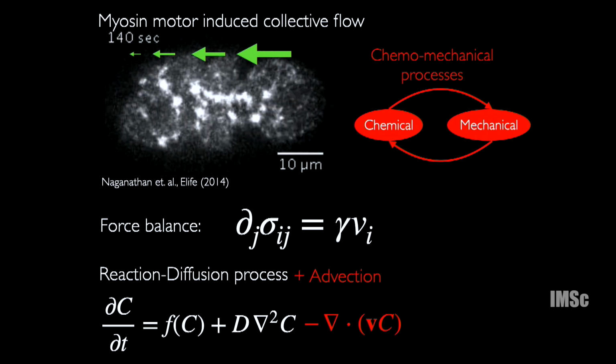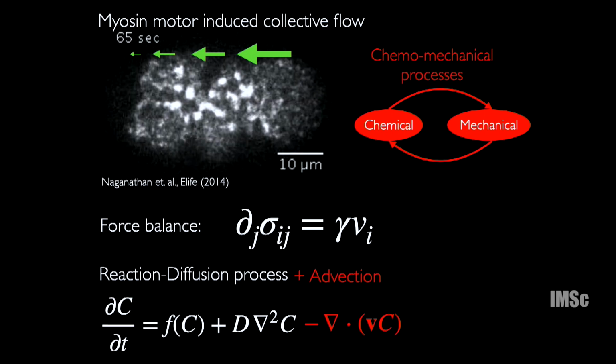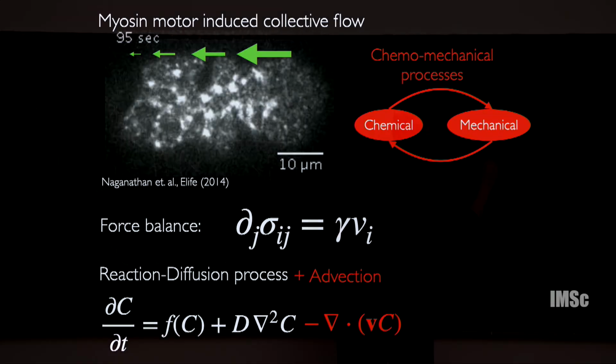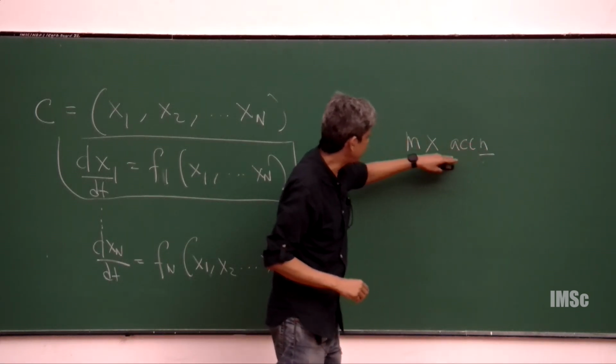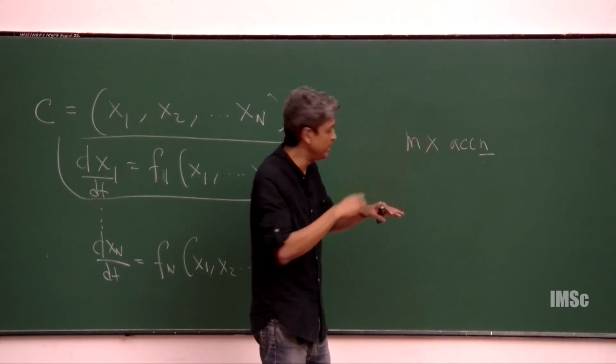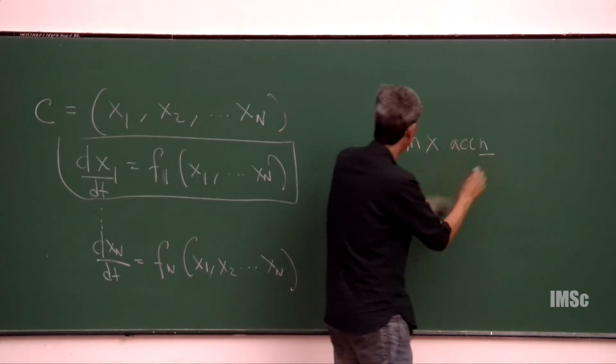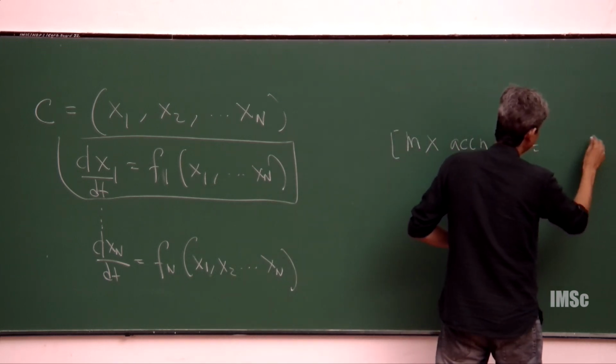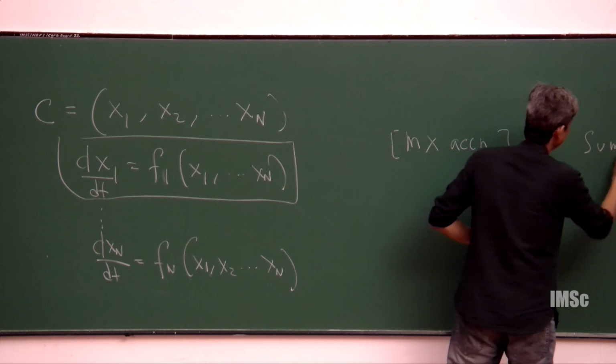On the left hand side, you have mass times acceleration. Of course, when you write acceleration for a fluid, you have to take into account several things, so I'm not getting into that. And then here you write the sum of the forces.